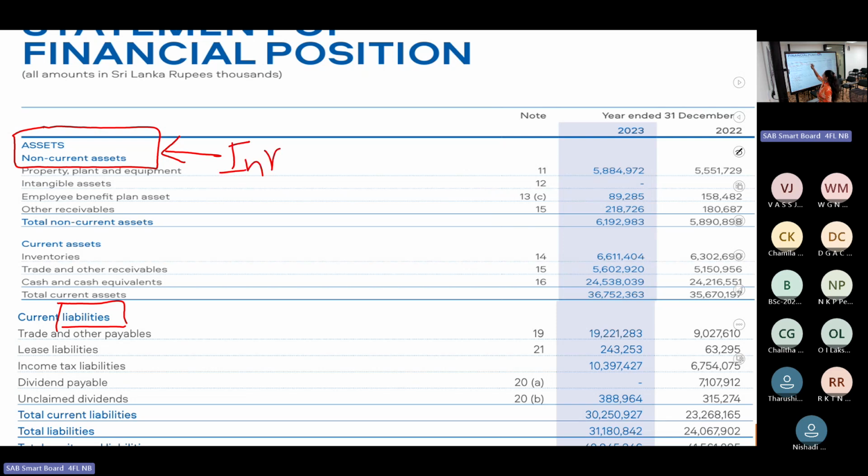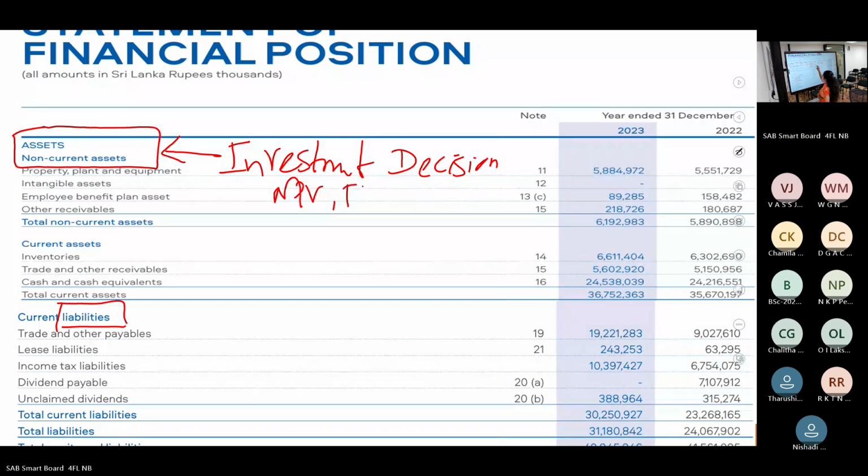Last week we identified the investment decision: NPV, IRR, all calculated for the assets, the non-current asset items in the statement of financial position.